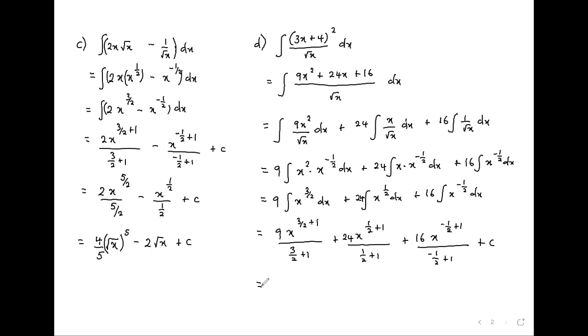So when you add the denominator, it will give us 5 over 2, so that we get 18 over 5 x to the power 5 over 2 plus, here we'll get 3 over 2, but 3 can go in 24 8 times. So 8 times 2 will get 16 x to the power 3 over 2.